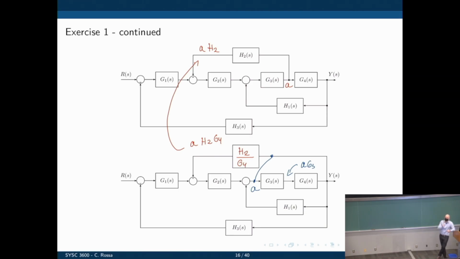But now we are just sending A. So if you take it ahead of the point, then this should have been multiplied by H2 times G3. So that is a valid operation. The problem is that now we are again stuck, because there is that signal going up and you can't eliminate the feedback loop, but it is a valid operation.